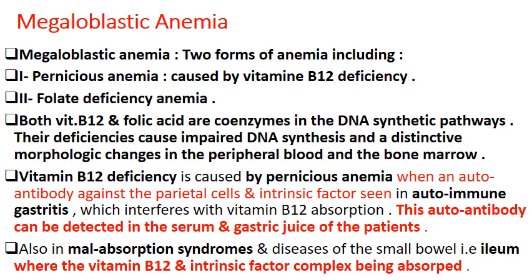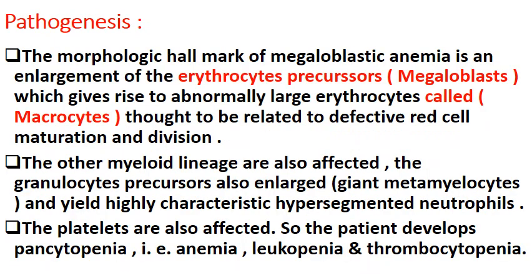But megaloblastic anemia needs a long time to develop. The onset is insidious. It is gradual. It is not a sudden onset of development. Regarding the pathogenesis of megaloblastic anemia, the important morphological finding is the enlargement of the erythrocyte precursors, which is called megaloblast.